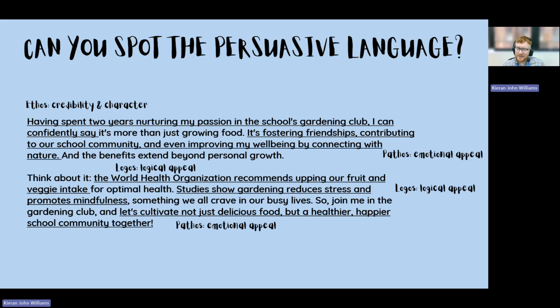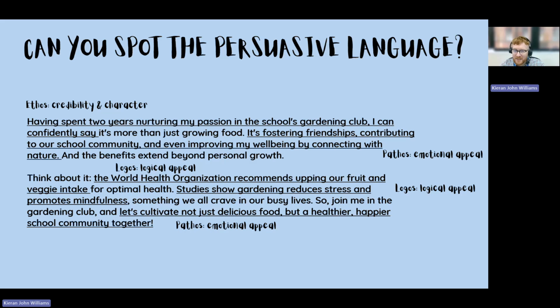So this highlights emotional benefits such as friendship, belonging, and well-being, and these trigger those positive feelings that persuade through emotion rather than through logic. The third one, the World Health Organization recommends upping our fruit and veggie intake for optimal health. This is an example of logos. So this refers to a credible international authority and uses some scientific health guidance.